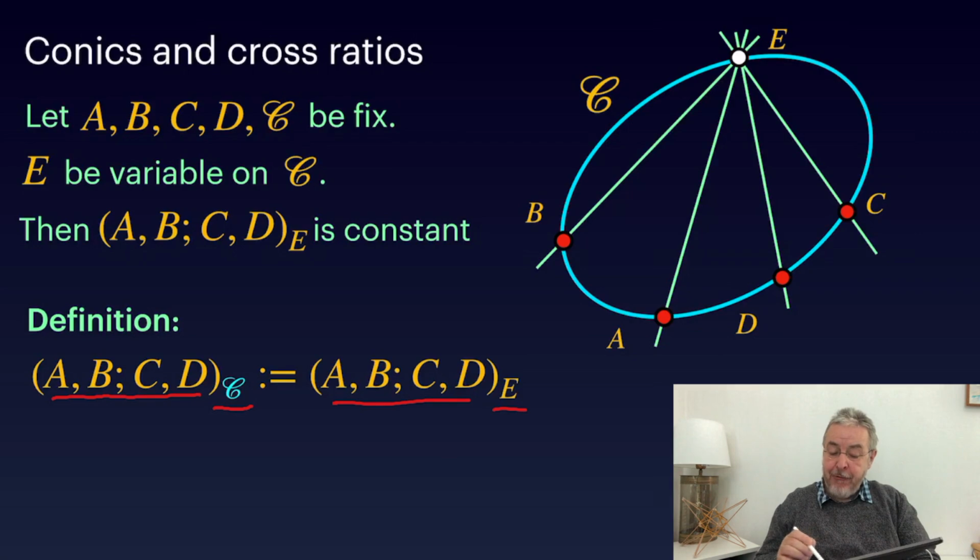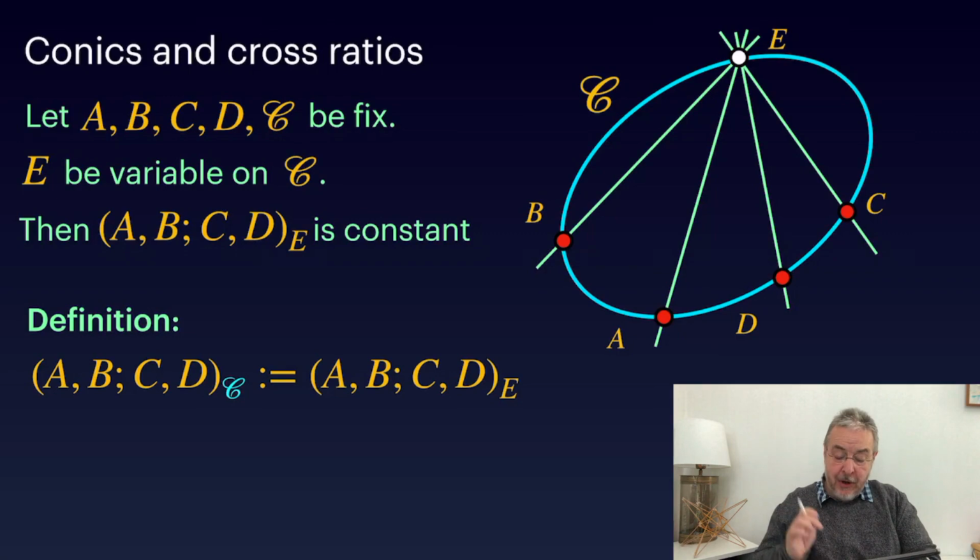Whenever you have any 4 points, then the set of all points that sees those 4 points under a fixed cross ratio is exactly the conic we are talking about. So now we will really tighten this link between the line that defines the conic and a projective line.